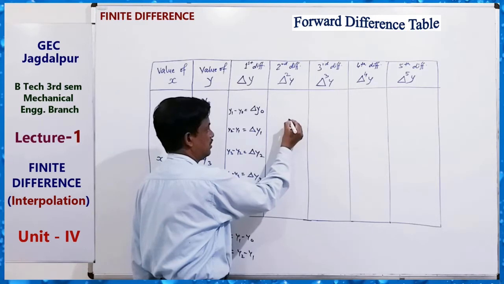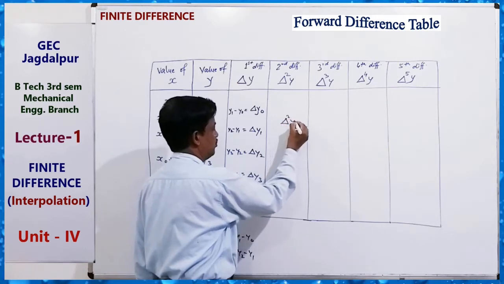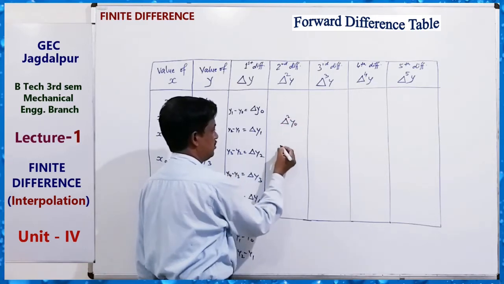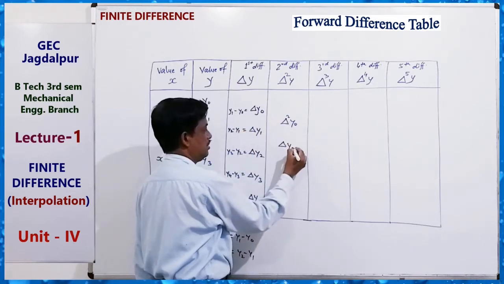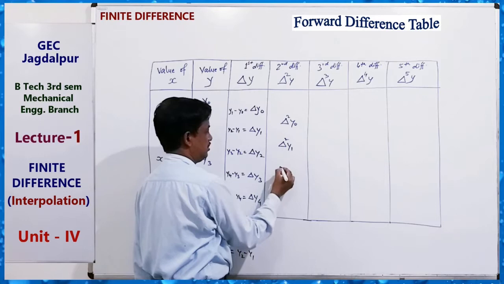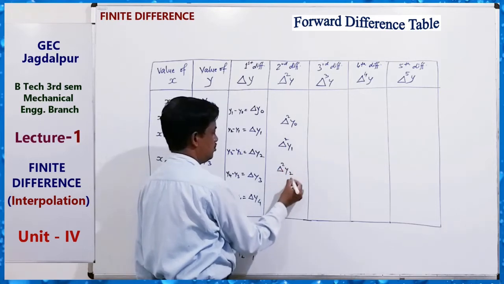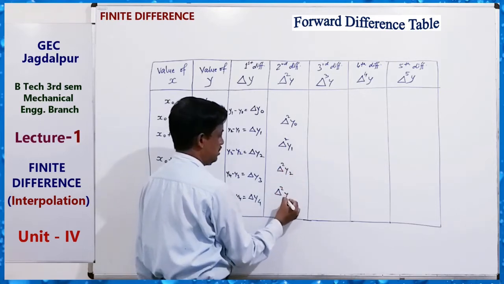Okay? Now, this minus this, what? Del 2 y0. Just write in between: del 2 y0, del 2 y1, del square y2, del square y3.